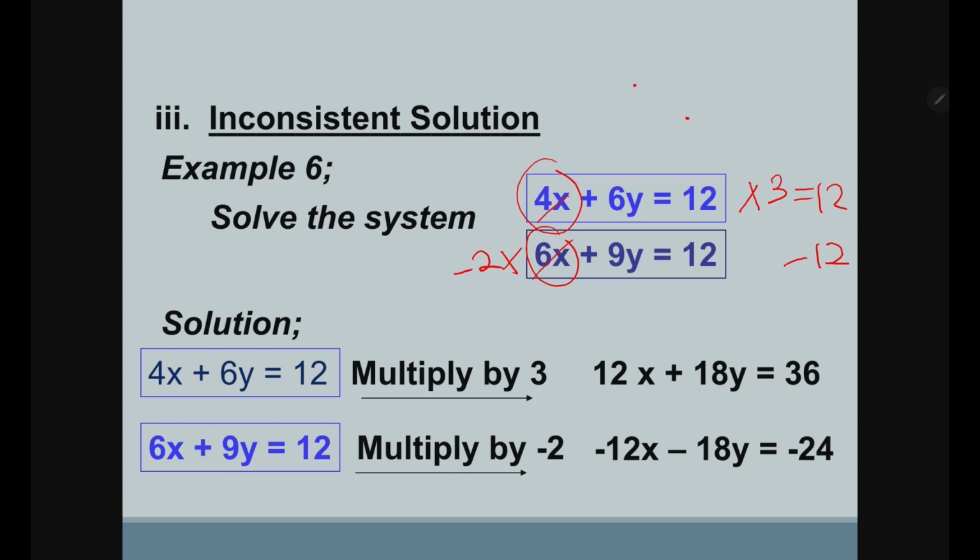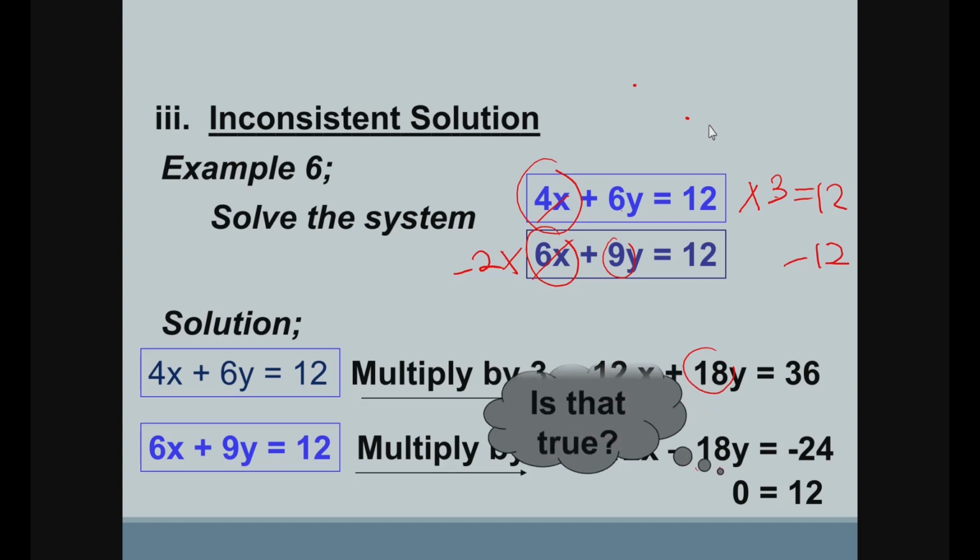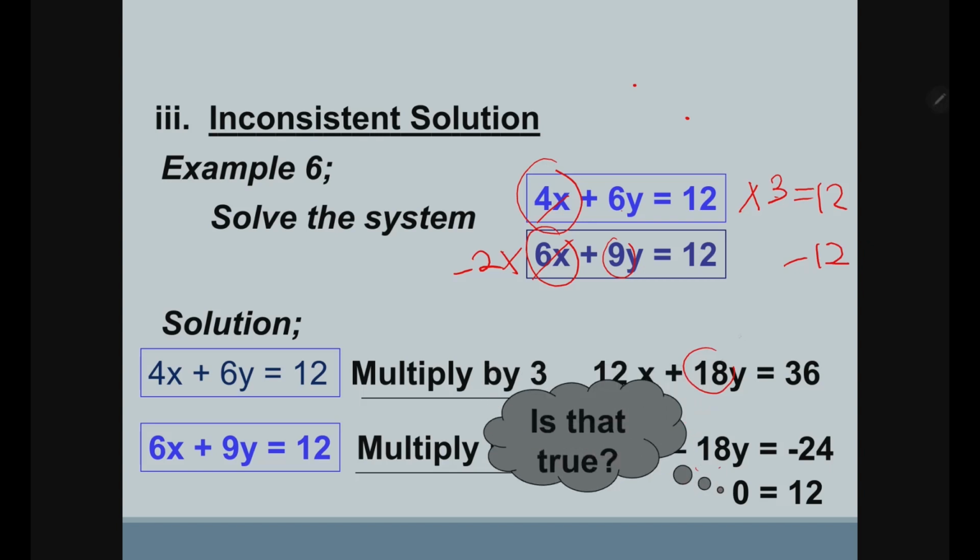And then 6 times 3 we get 18. 9 times -2 we get -18. So we solve this system of equations to get the value of y. So here we can see positive 18 minus 18 would be 0, right? So is it true here? 0 equal to 12?